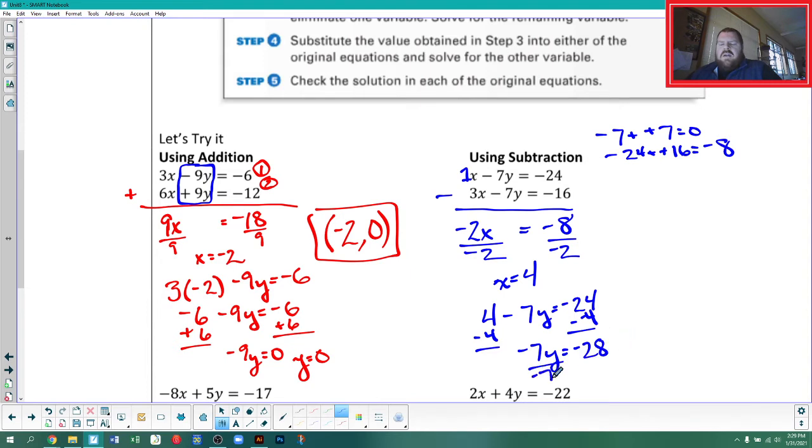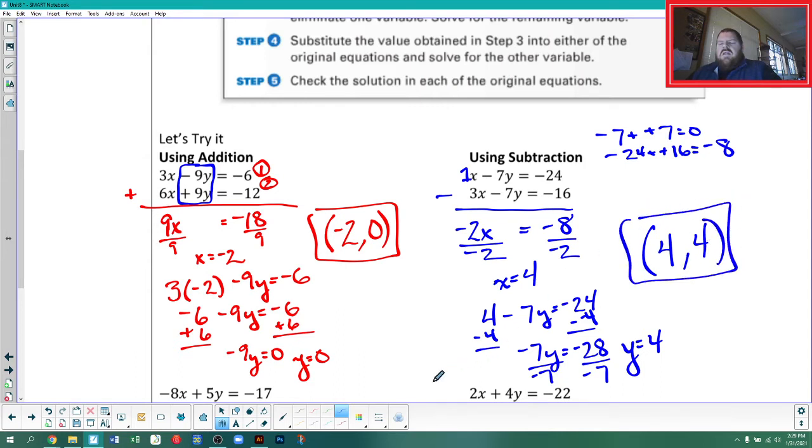And when I divide by negative 7, we're going to get that y is equal to 4. That's kind of a symmetric answer. The x is 4 and the y is 4.